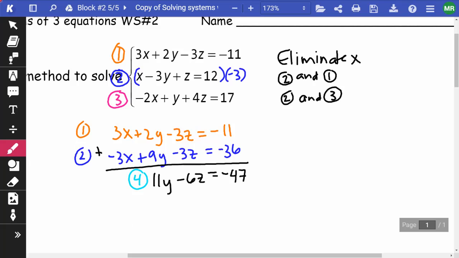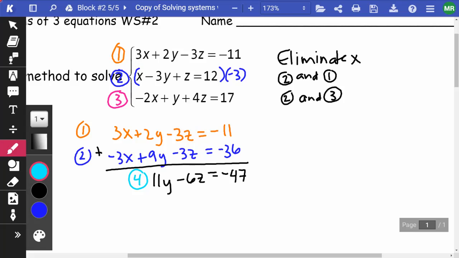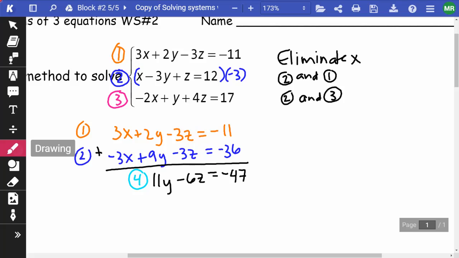So now I'm going to take the equation I haven't used, number 3, and I'm either going to use it with 1 or 2, but I said I'm going to use it with 2 because I think that's going to be the easiest math. So let me just write equation 3 right here. That's -2x plus y plus 4z is equal to 17.